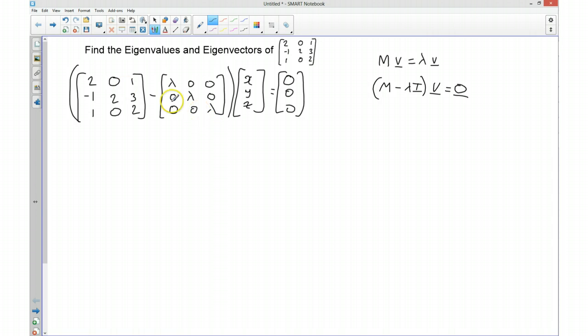Now I can simplify this over here, and I usually would skip this step, and I would usually just write down this here. And this is the equation that we're looking to solve.